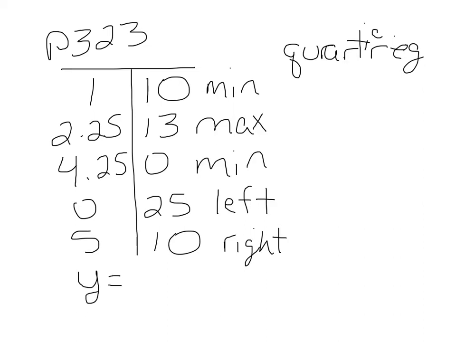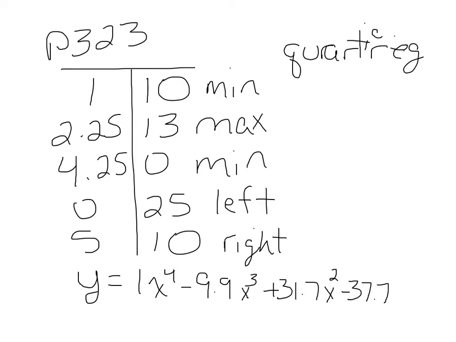It is x to the 4th power, so it is basically 1x^4 minus 9.9x^3 plus 31.7x^2 minus 37.7x plus 25. All right, this is a 4th degree polynomial.